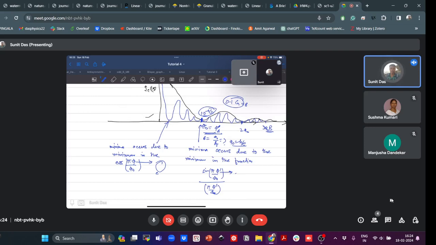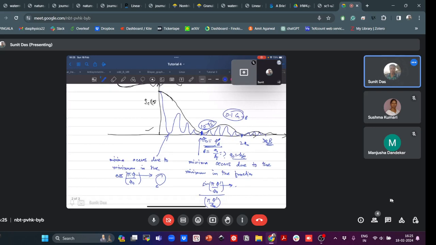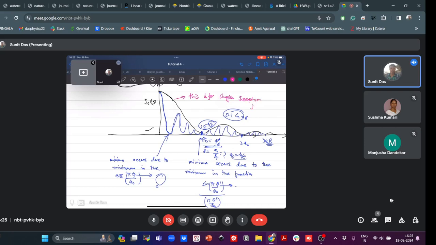If we only had the Josephson junction, now we have the SQUID, two Josephson junctions, where the current will form like this. Okay. So by the way, let me write it clearly. This is for the single Josephson junction.